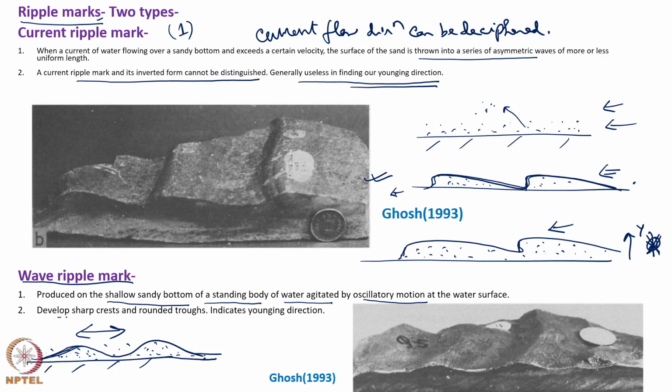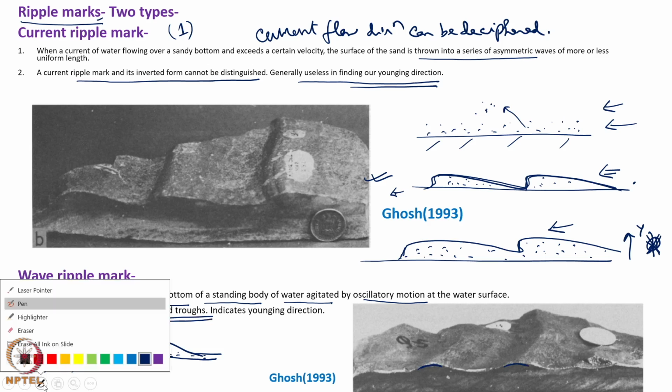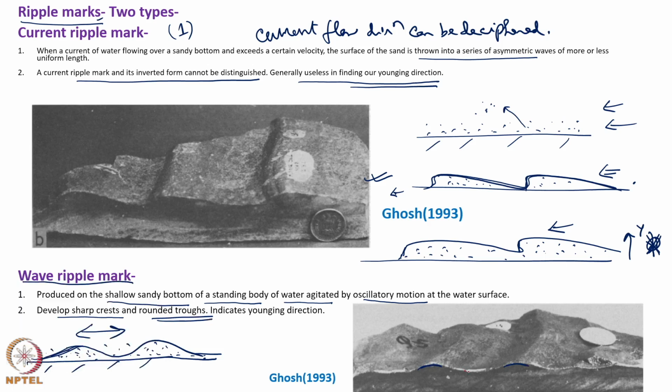Interestingly, they develop sharp crests. Where is the crest here? This is the crest area, and that is sharp, sharper than the troughs which are more rounded. You look at the trough region, it is more rounded, curvature is much less over here. So, that is the meaning of this statement.